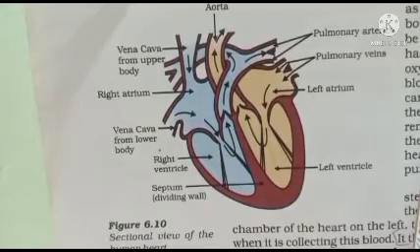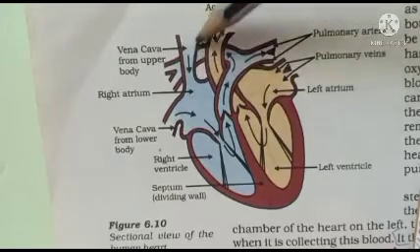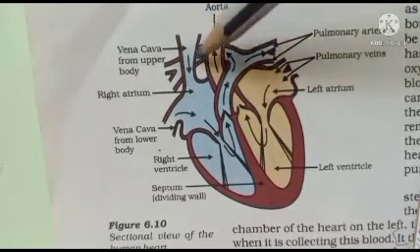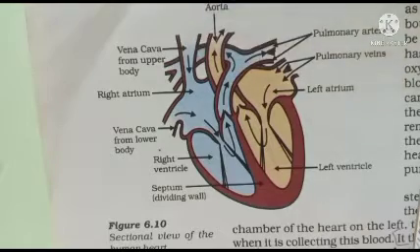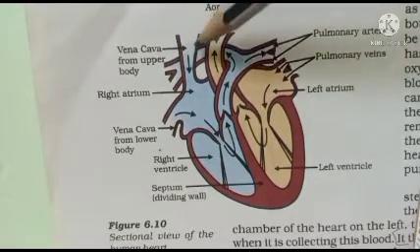Now, the right atrium receives the large blood vessel we can see here, the upper vena cava, or anterior vena cava, which collects the deoxygenated blood from the anterior, upper part of the body.